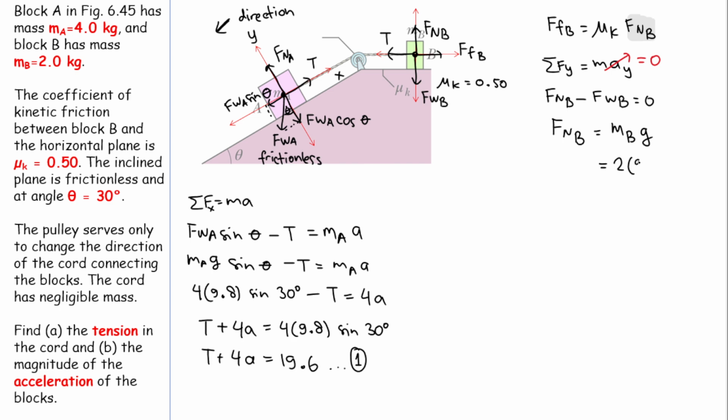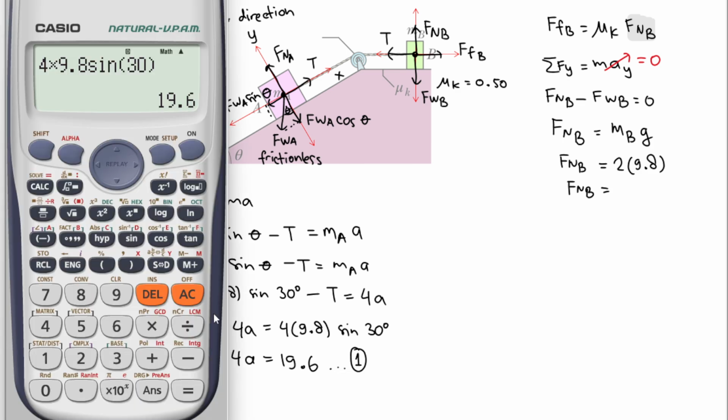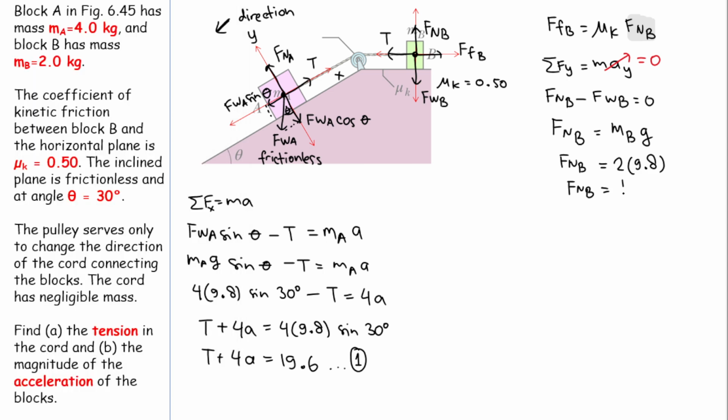What is G? 9.8. So our FNB will be 2 times 9.8, which is 19.6, and the unit here will be in Newton.